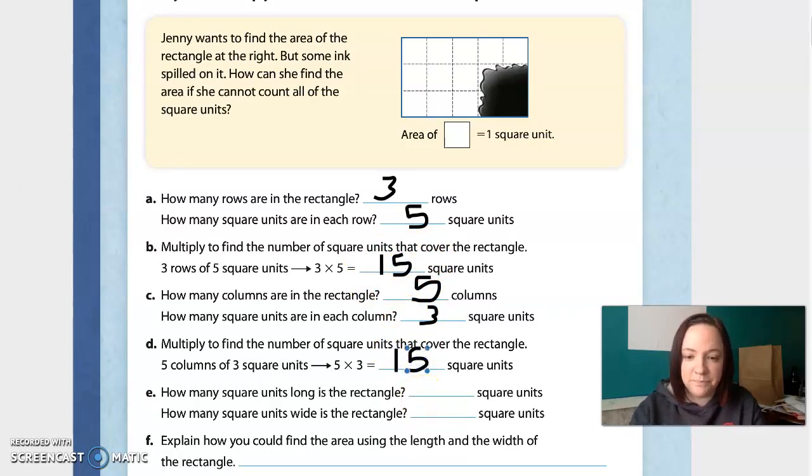Nice job. How many square units long is the rectangle? Well, let's look. Is long up and down or horizontal across? Across. 1, 2, 3, 4, 5. Nice job. How many square units wide is it? Let's see. 1, 2, 3.